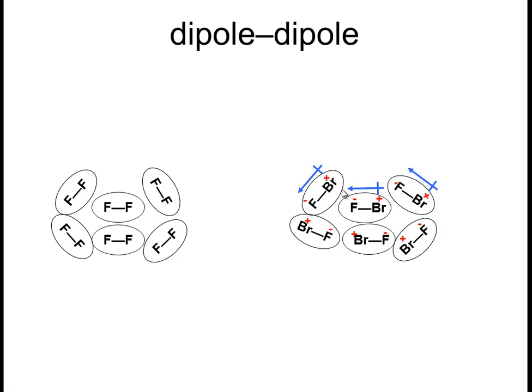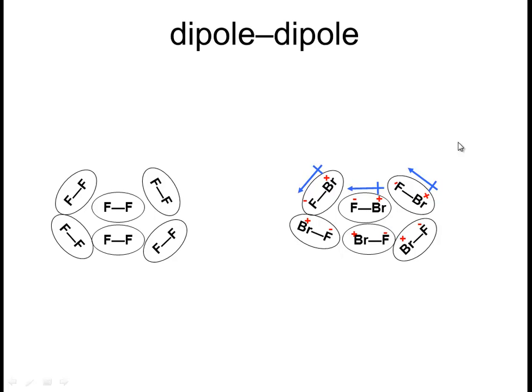And so as a result, you get these so-called dipole-dipole interactions. And that's all it is. That's what the dipole-dipole interaction is all about. So whenever you have a compound that does have a molecular dipole, then they're going to manifest a dipole-dipole interaction when you get them together.